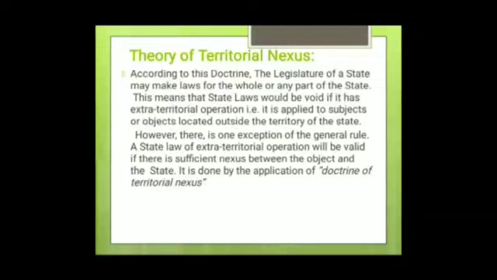This means that state laws will be void if they have extraterritorial operation, that is, if applied to a subject or object located outside the territory of the state. If there is any subject or object located outside the territory of the state and the state makes a law for it, then that law shall be void. This is what Article 245 says.